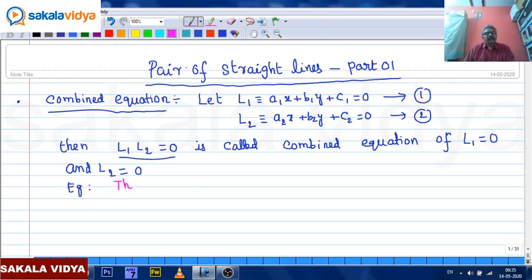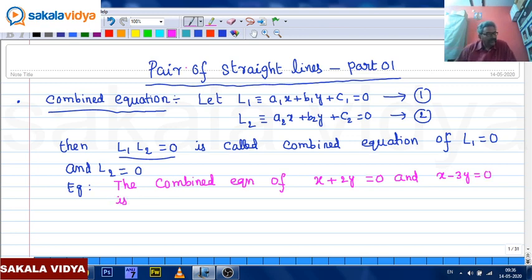The combined equation of x plus 2y equals to 0 and x minus 3y is equal to 0. For example, if you are asked to find out combined equation of x plus 2y is equal to 0 and x minus 3y is equal to 0, how to find out here? Solution.